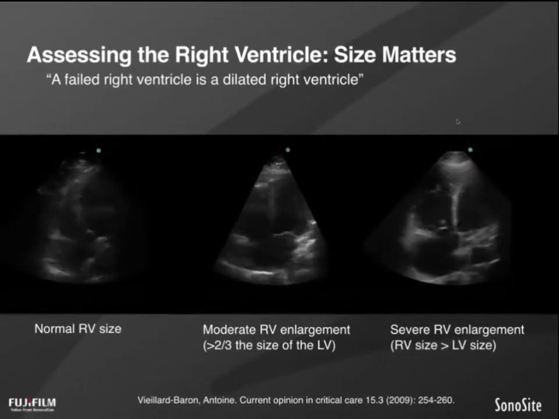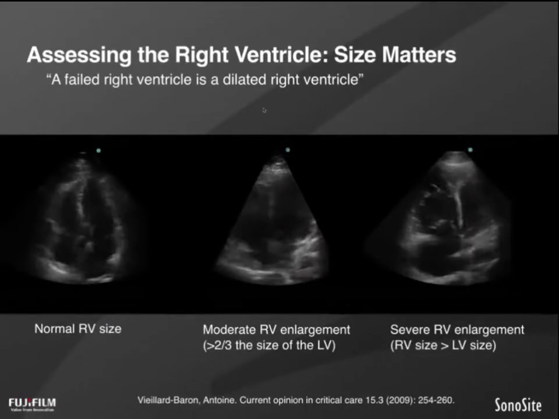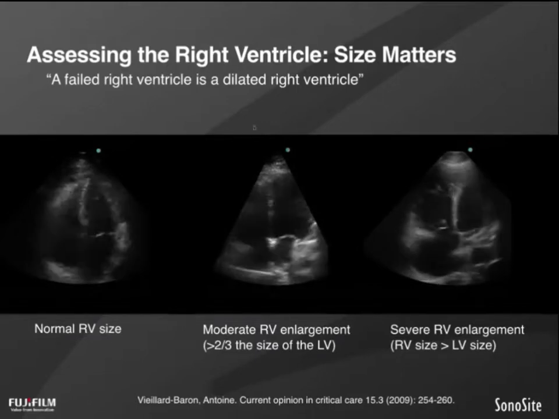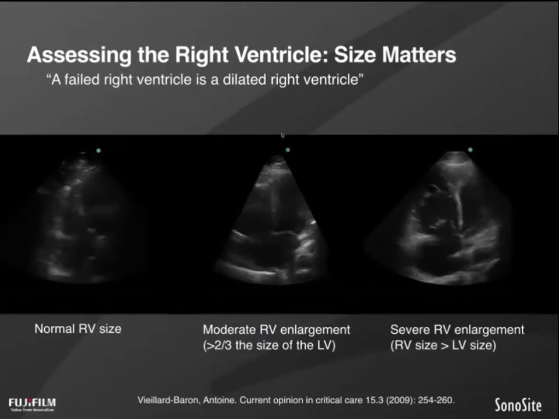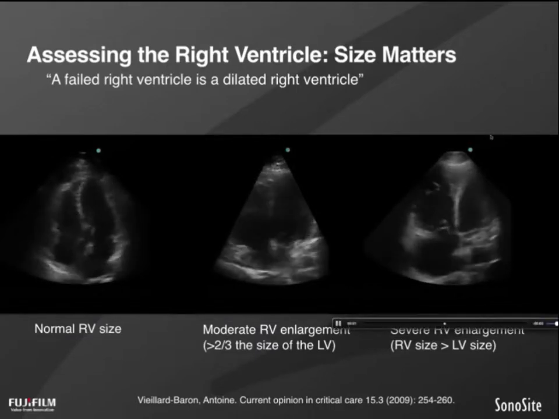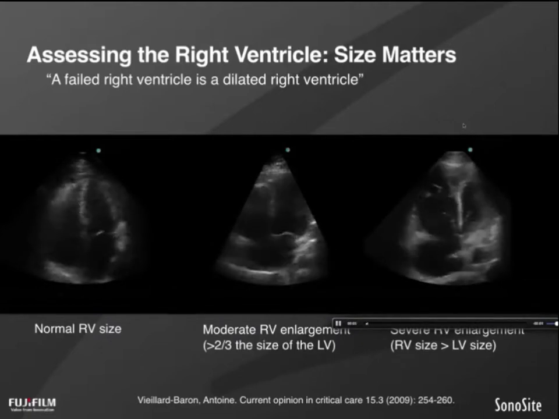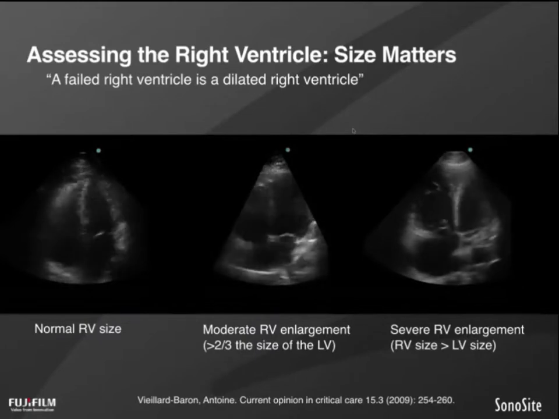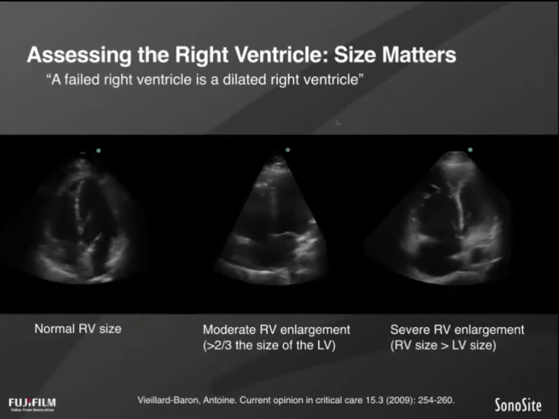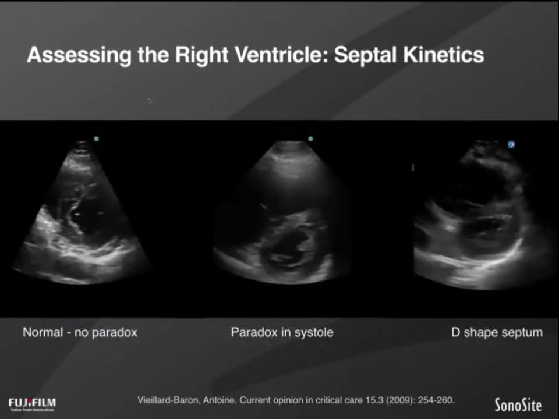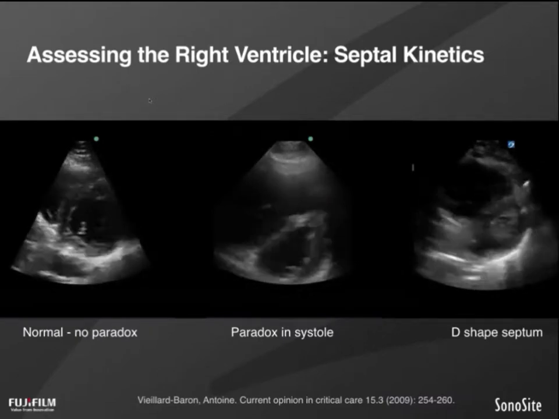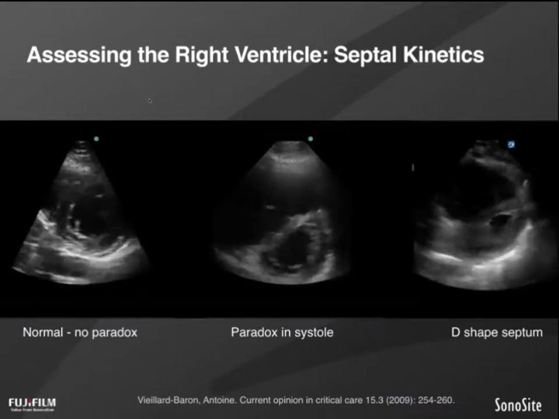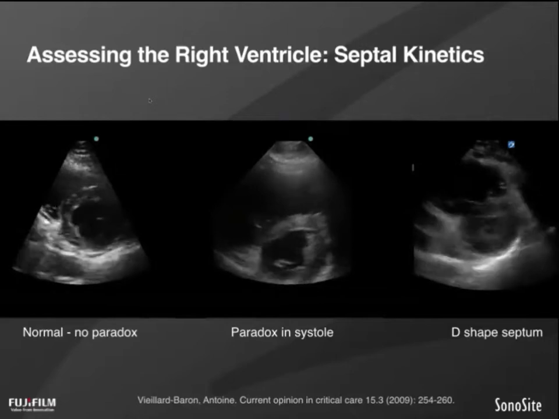However, septal motion can be appreciated in each of these cases as either being normal or disturbed in both of the latter two examples, where the interventricular septum can be seen to be shifting away from the right ventricle during systole. So let us consider further the septal kinetics, so how the interventricular septum moves during systole.